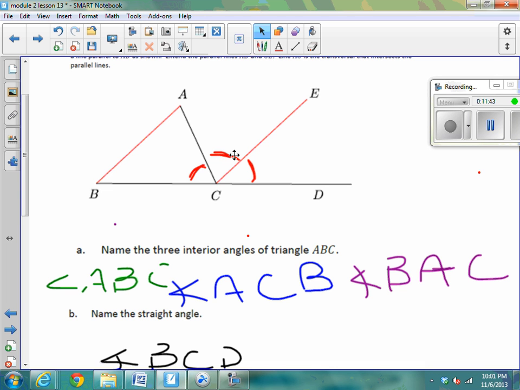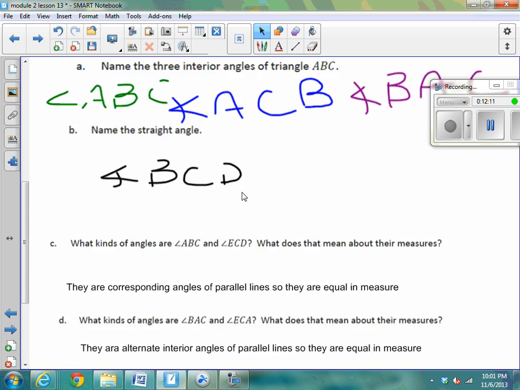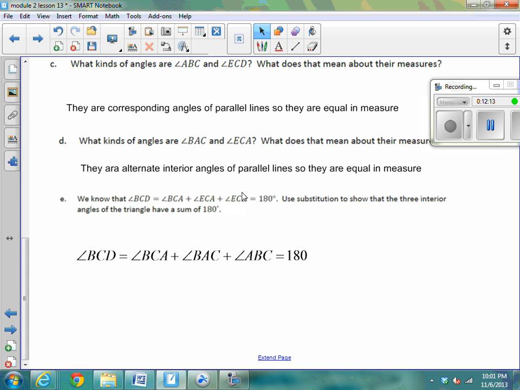So this angle right here can be substituted for this angle here because they're alternate interior angles, plus angle ECD. Well, we already said that that's corresponding angle to ABC, which is on the inside of the triangle. So if we know these three equal 180, this is inside the triangle, these two can be substituted with this angle here and this angle here. So we've just proved that the sum of the interior angles equals 180 degrees.